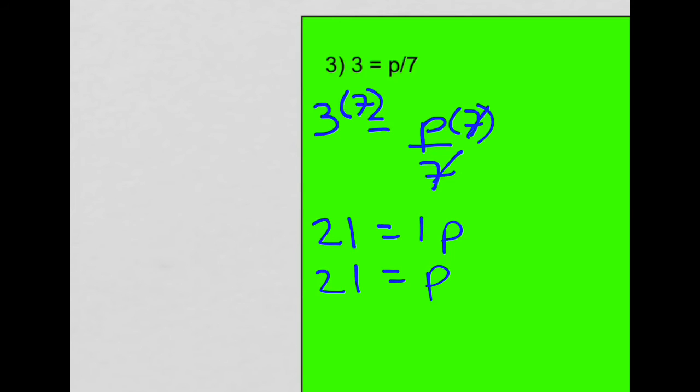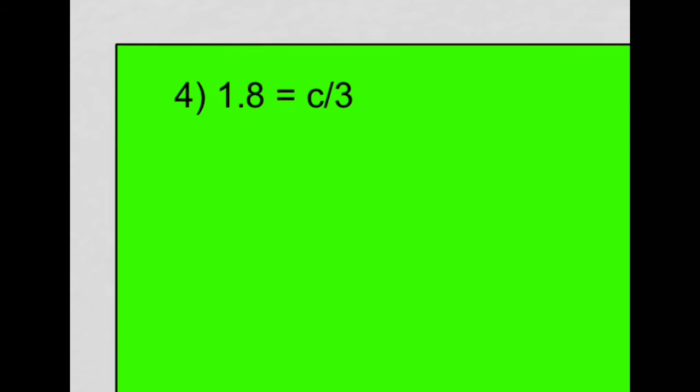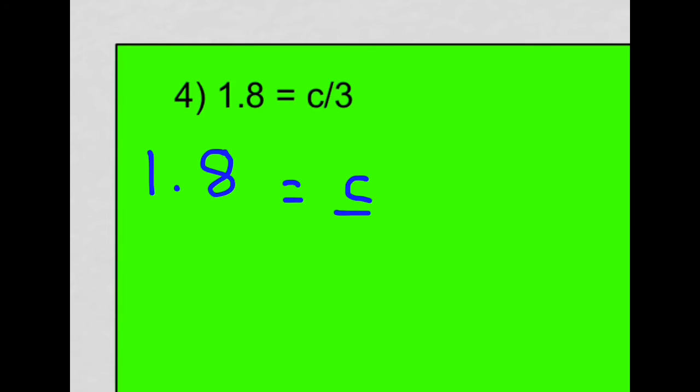Okay, let's take a look at one more. Number 4, you don't always have to have whole numbers. 1 8/10 equals C divided by 3. Well, we have a C divided by 3.